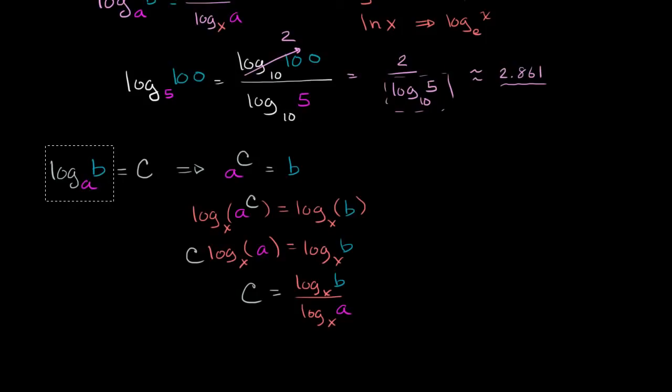This is how we defined it. And we're done. We've proven the change of base formula. Log base a of b is equal to log base x of b divided by log base x of a. In this example, a was 5, b is 100, and the base that we switched it to is 10. x is 10.